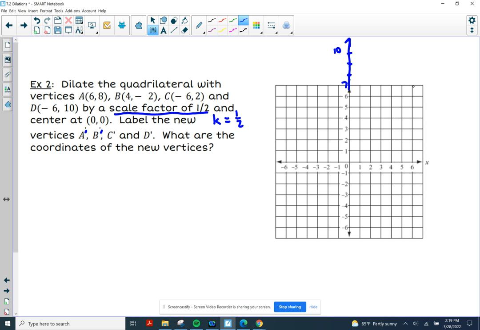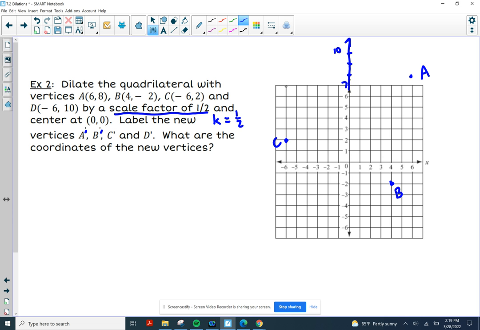So we're going to go 6, 8, which is right here. There's our point A. Our point B is 4, -2. So here's point B. Point C is -6, 2. So there's point C. And then finally, point D is -6, 10.